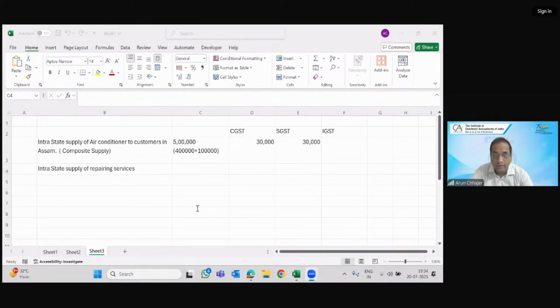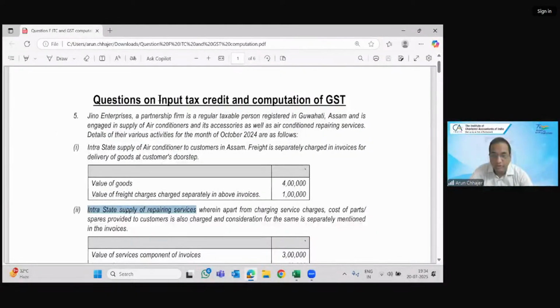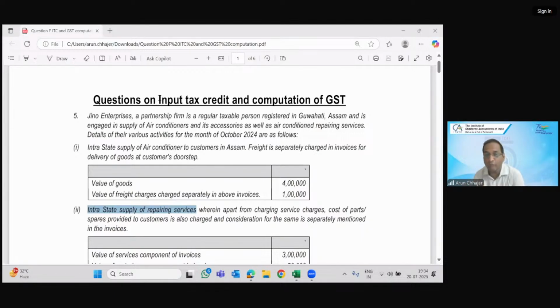You have asked a question: but sir, freight is separately shown in the invoice, then how will it be composite? Yes, Mohammad Farhan, very nice question. I am asking all of you, you remember that price should be single. Is it the condition of composite supply or mixed supply?